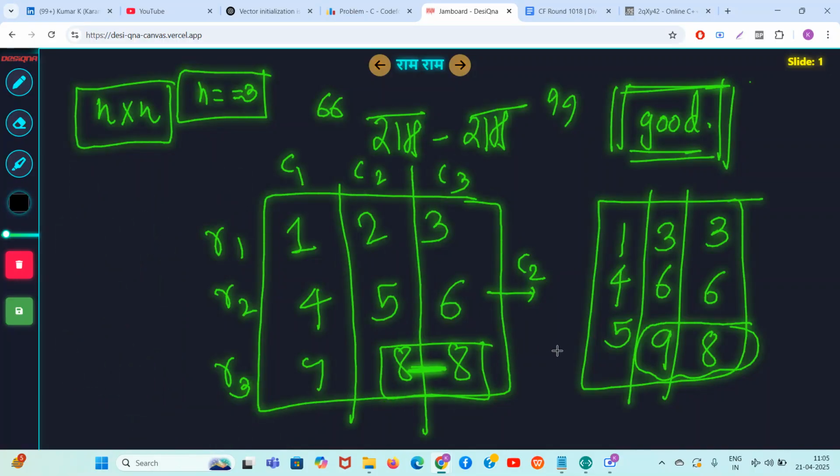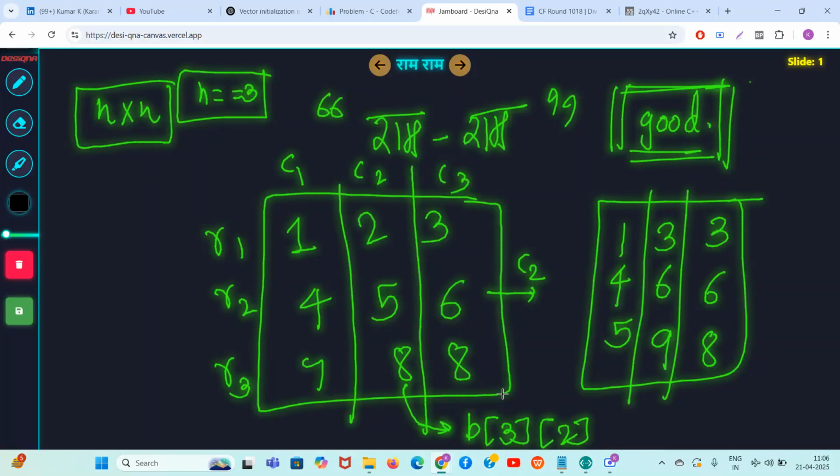So guys, in this case, the logic is clear. See, this cell is B32 and this cell is B33, right? B32 and B33.